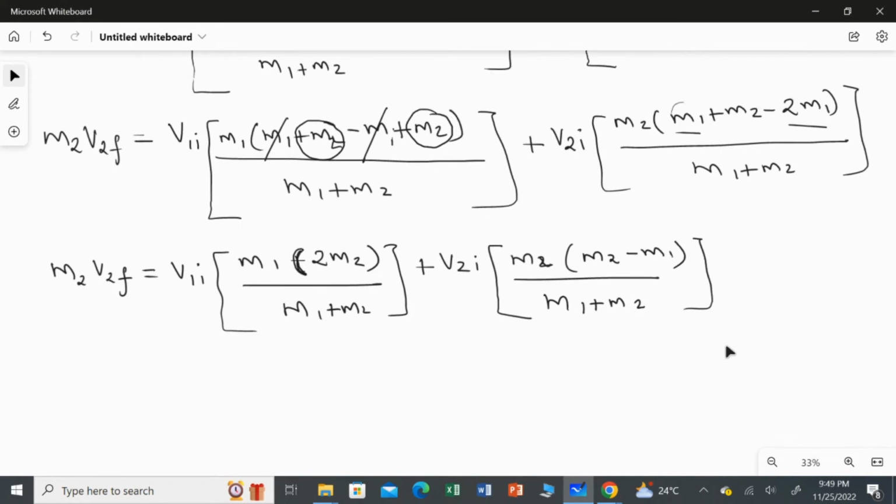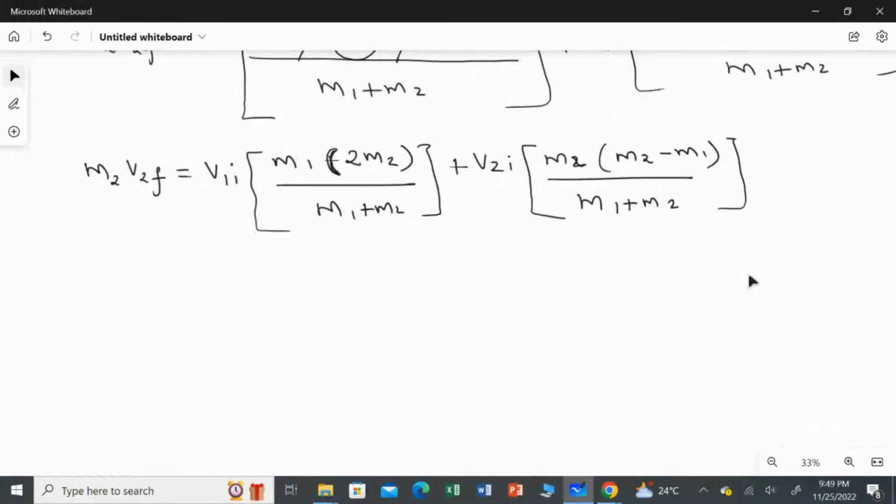Now what I am going to do, better we can remodify because I am going to multiply this inside. So we will make a perfect form.